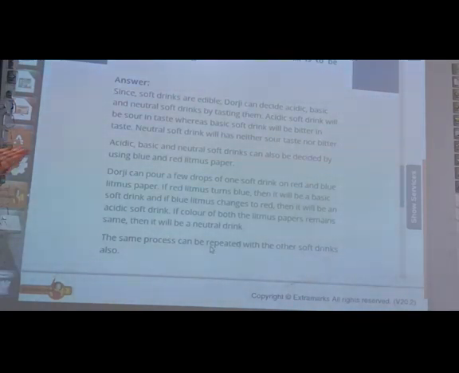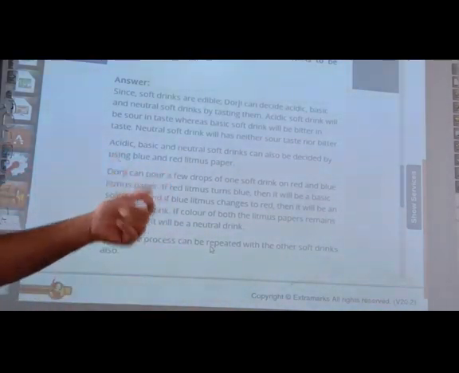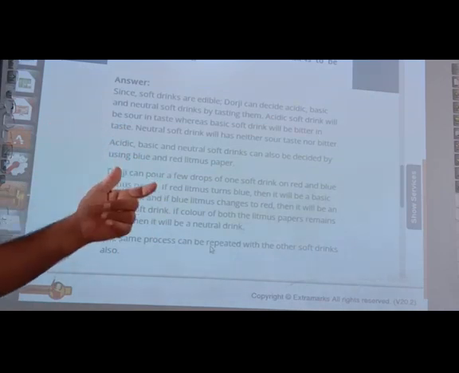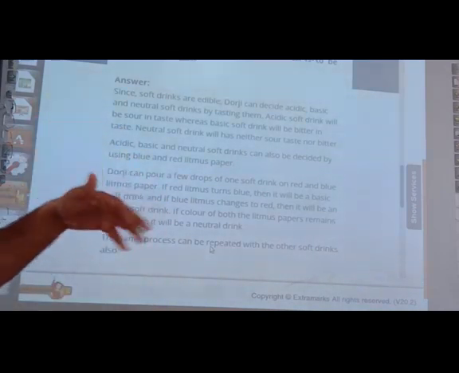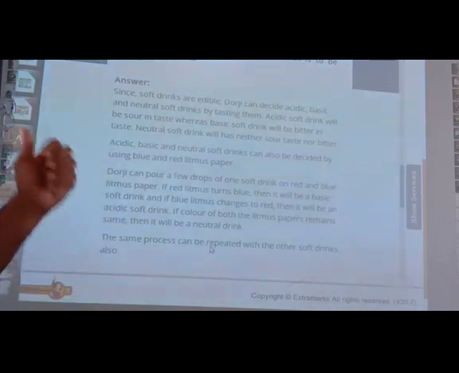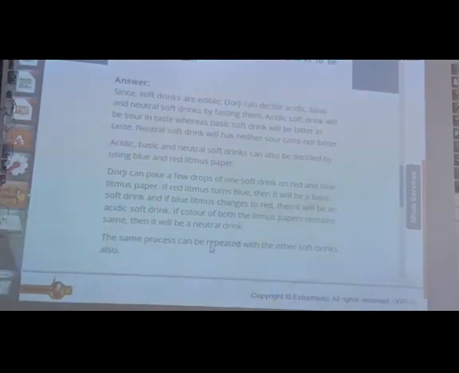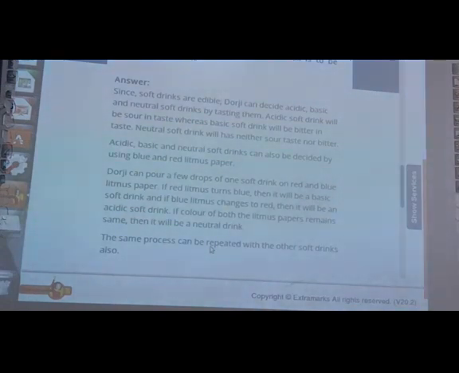Just see, very simple. If given soft drink turns red litmus blue, it is basic. If it changes blue litmus to red, it is acidic. If soft drink does not change the color of either red or blue litmus, it means it is neutral. So the same process can be repeated with the other soft drinks and we can decide. Okay?